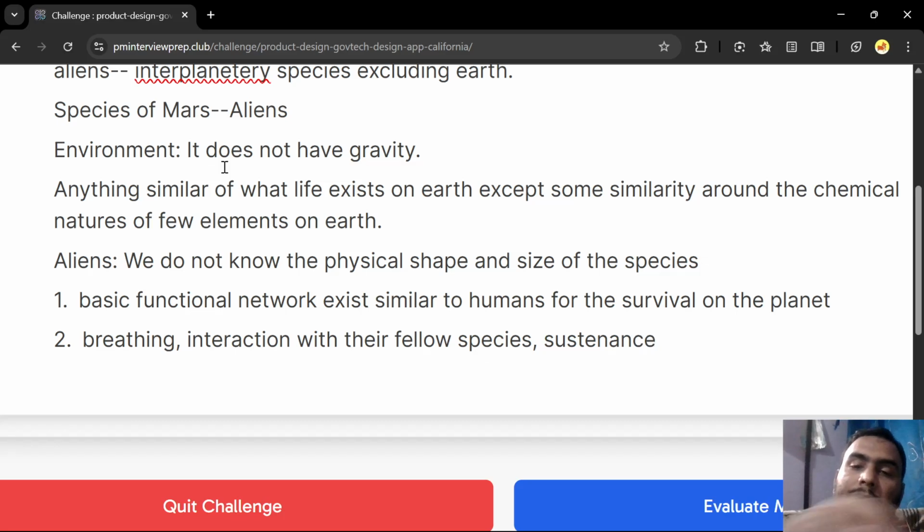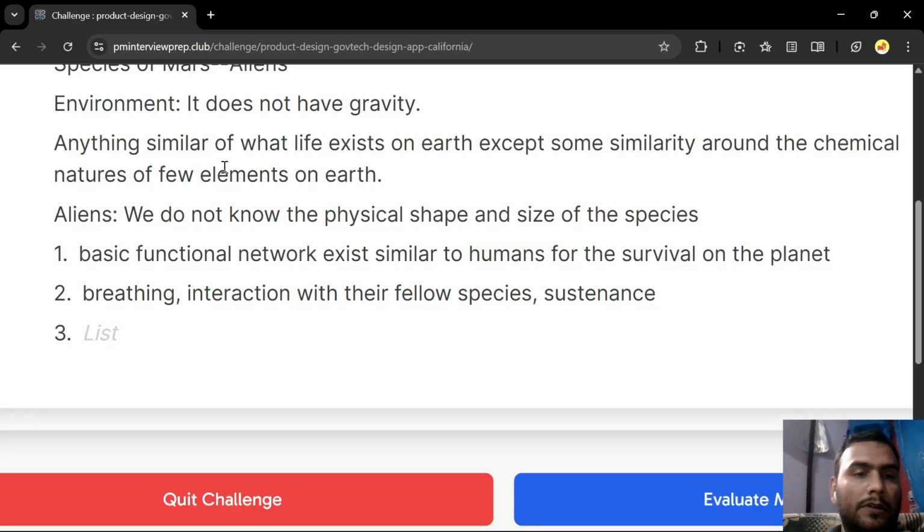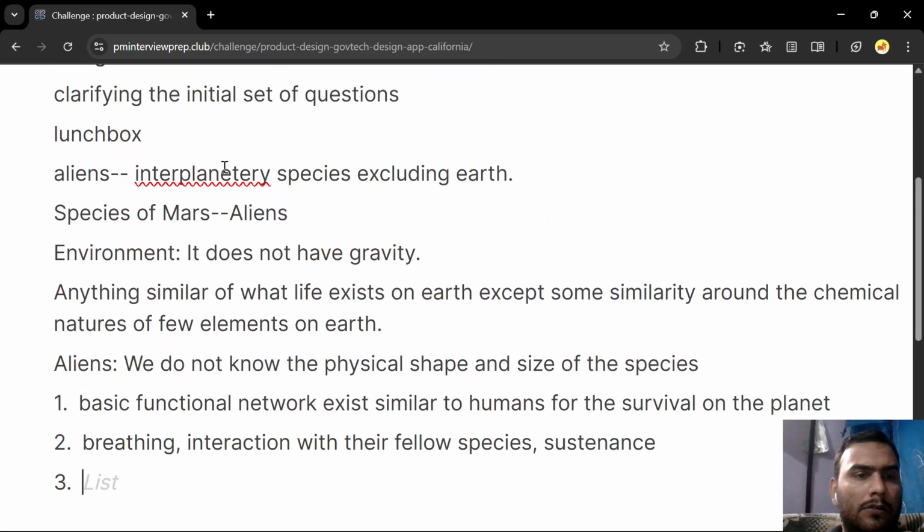By sustenance, we mean the intake of food or nutrients and the survival of their basic body parts. Now let us come to a relatable point. Since we had to design, let's start focusing on this lunchbox.